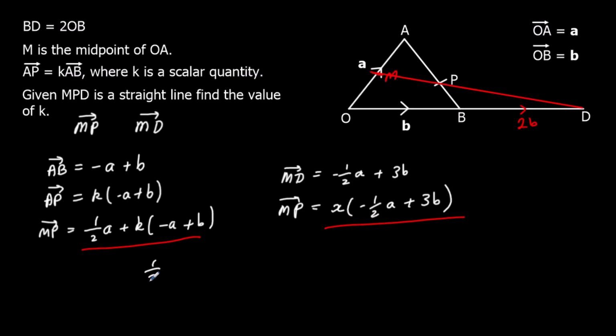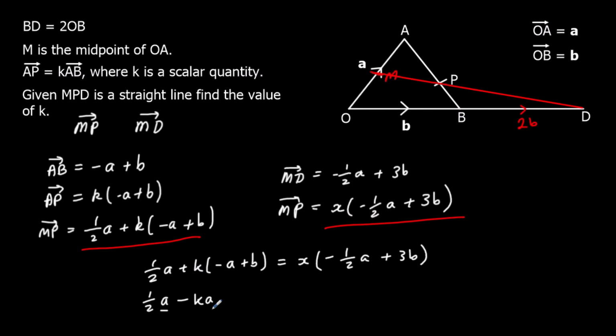So I can say half of an A plus K times minus A plus B is equal to X times minus half A plus 3 B's. And I will expand these brackets. So half A, K times minus A is minus KA. I'm always going to write my A's and B's on the end.